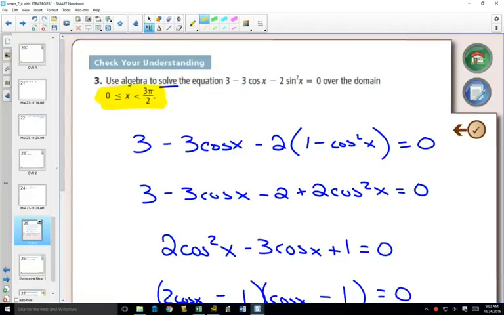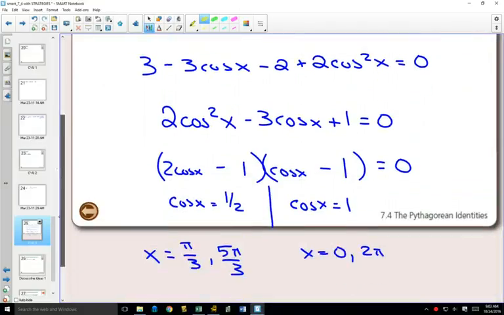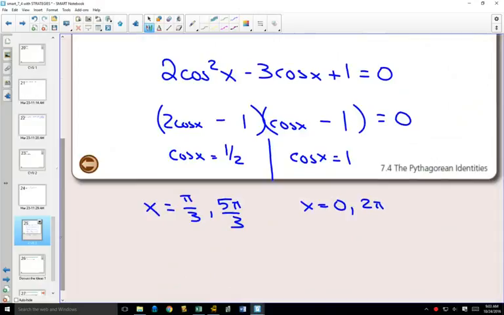If we think about our unit circle, can you see that that's quadrant 1, 2, and 3? Nothing in quadrant 4. So now when I go back to my answers, this one's not in my answer. Neither is this one. Yes?